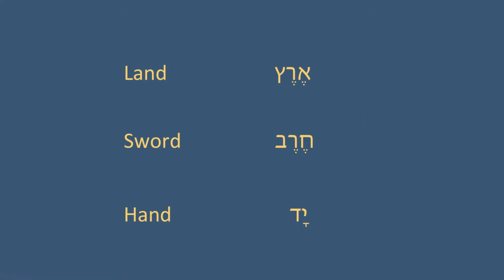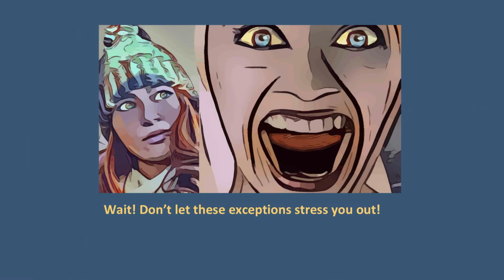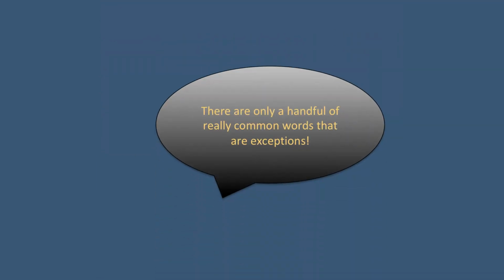And these are all feminines, but they don't have the final hey or the final taf marker. So the only way to know that these are feminines is by really memorizing these words. And the good news is, don't let these exceptions stress you out. There aren't that many of them.